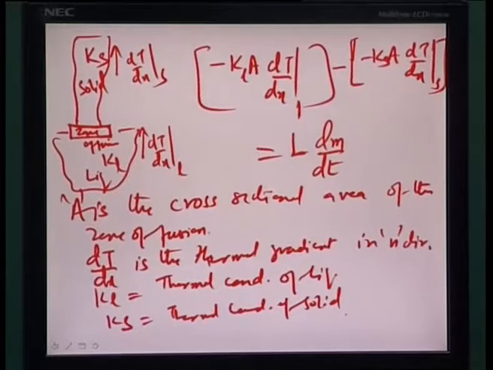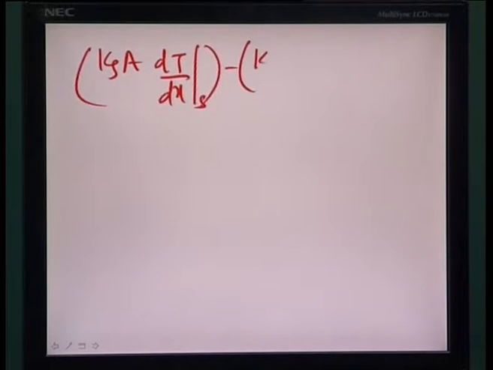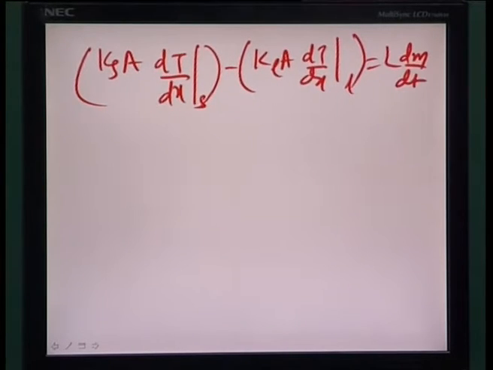Now, having said that, we can find that Ks times area A times dT by dx in the solid phase minus Kl A times dT by dx in the liquid phase equals L dm by dt.